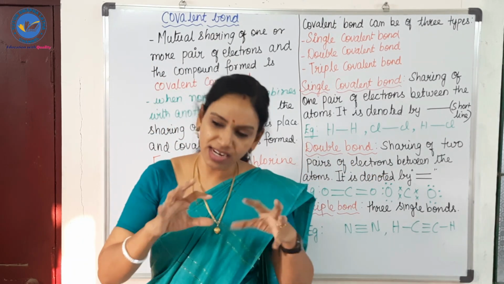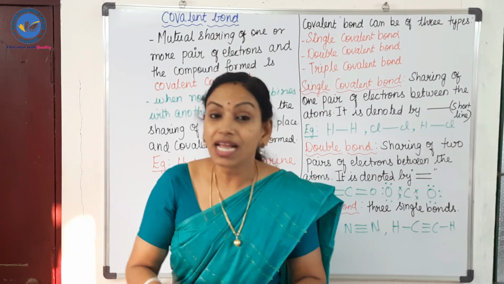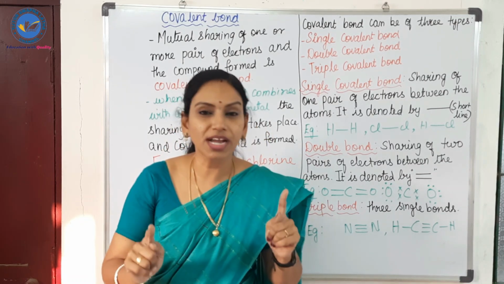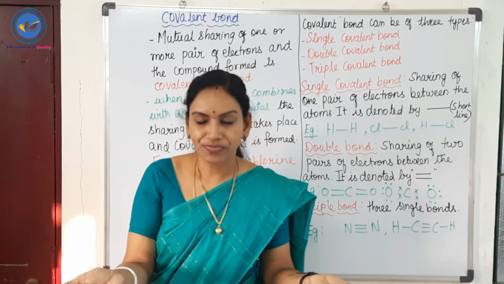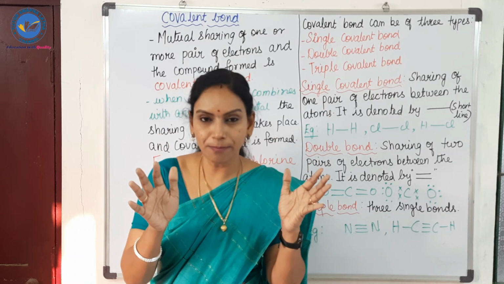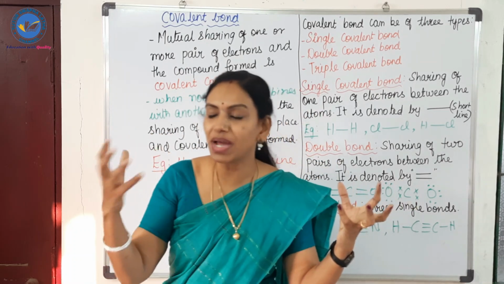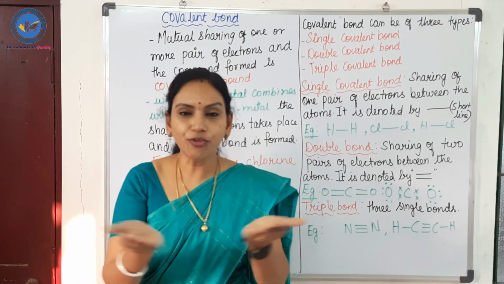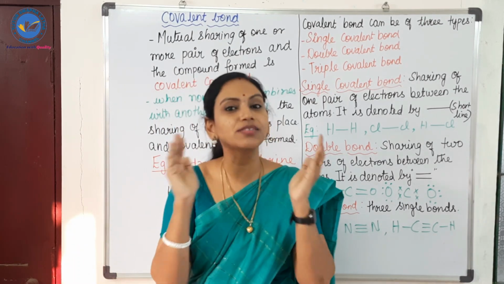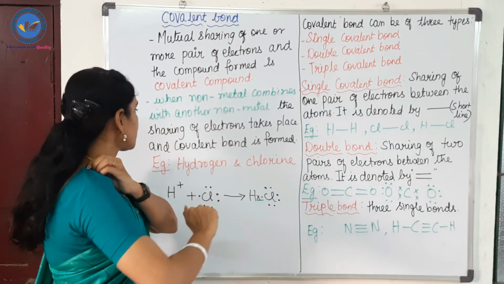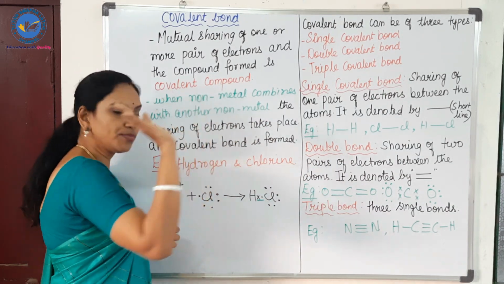From where is it getting them? It is getting them from another non-metal. Don't get confused, my dear children, a non-metal can also react with a metal. But here, as an example, when a non-metal combines with another non-metal, it forms a bond by mutual sharing of electrons, which is called a covalent bond.